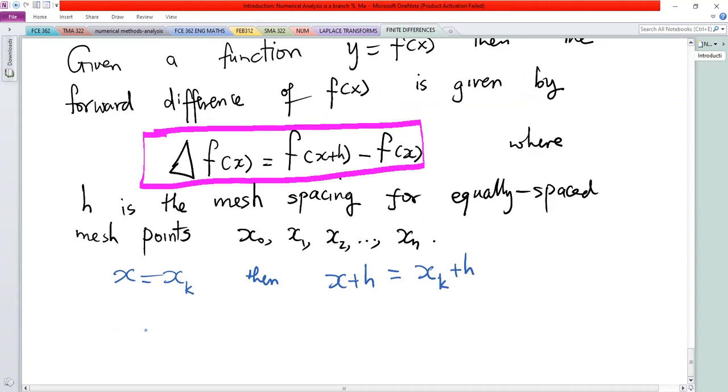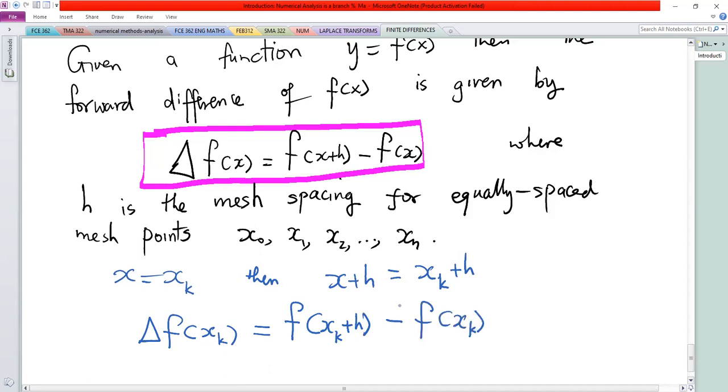So we can write the forward difference of f of x sub k is given by f of x sub k plus h minus f of x sub k.